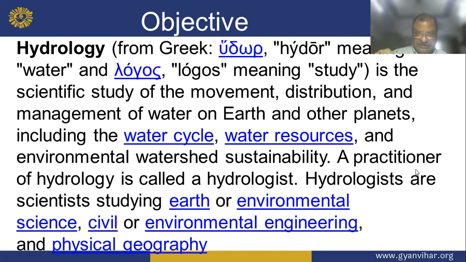It's the scientific study of the movement, distribution and management of water on the earth and other planets, including the water cycle, water resources, and environmental watershed sustainability.